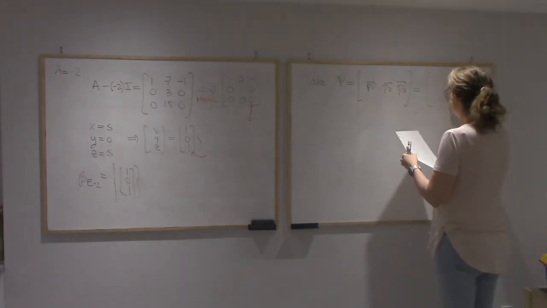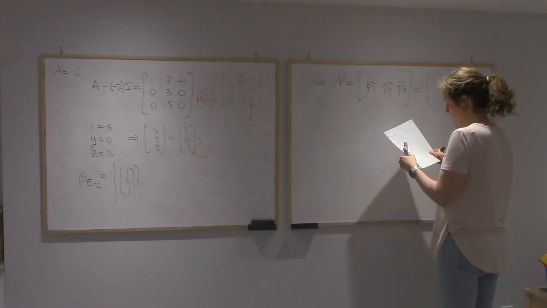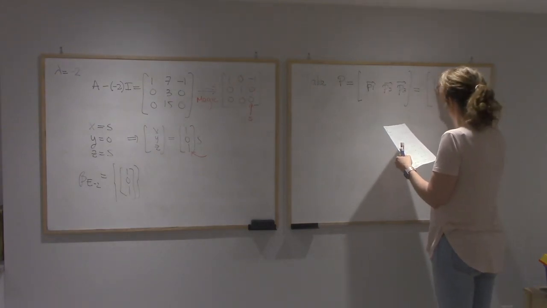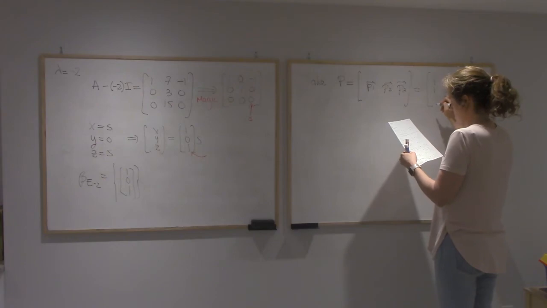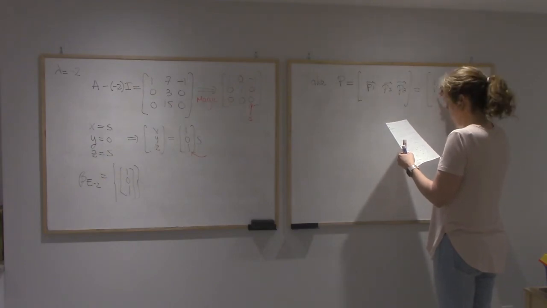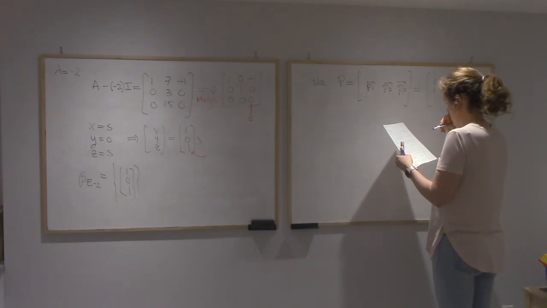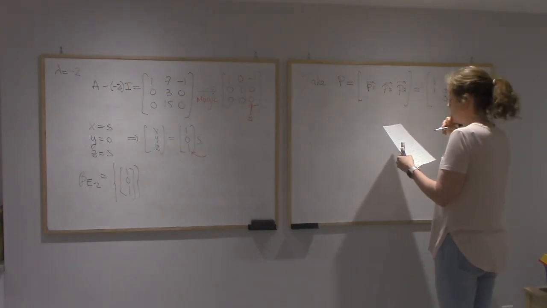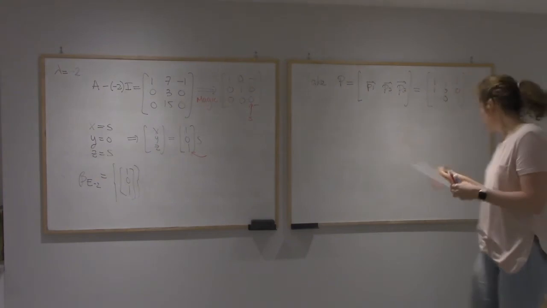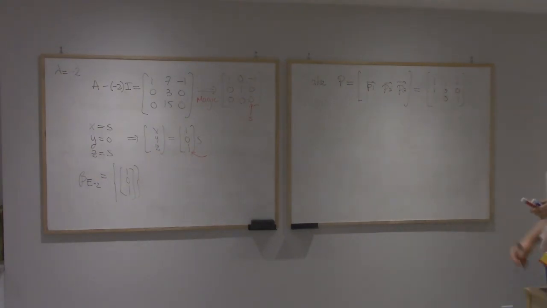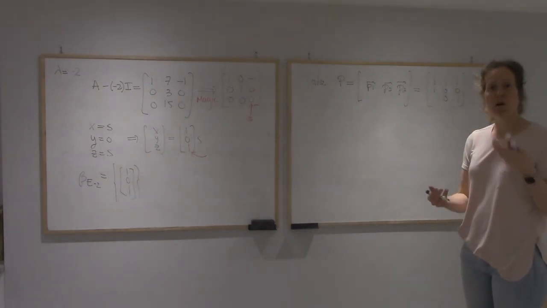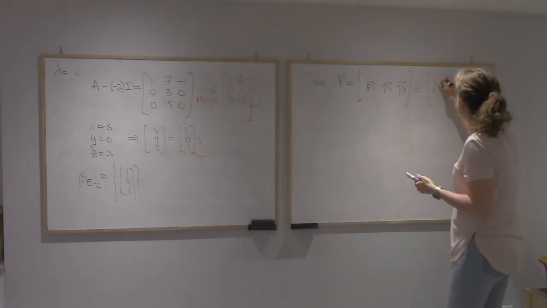P2 was 1, 0, 0, and P1 was 1, was it 1/5 I took? So here, I don't remember what I did. It's either 1/5, 1/5, 1, or 1, 1, 5. I think I did 1/5.